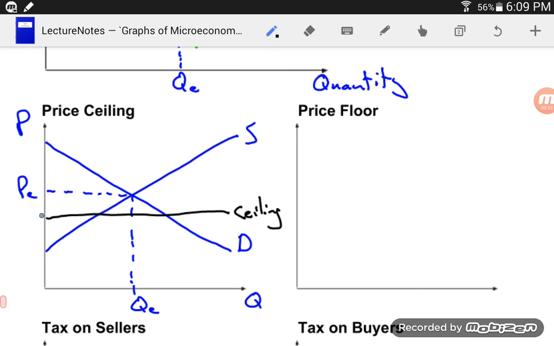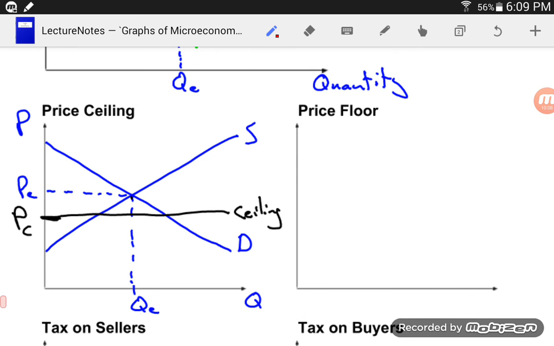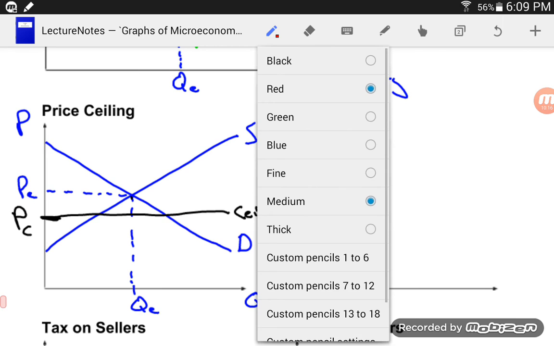that'd be effective because the market price would naturally try to get up to this point, but the price that we're allowing right here is that price ceiling. So what happens when we do that? A few important things happen. First of all, the quantity supplied, let me do that actually in a different color. Let's do that in green a second.